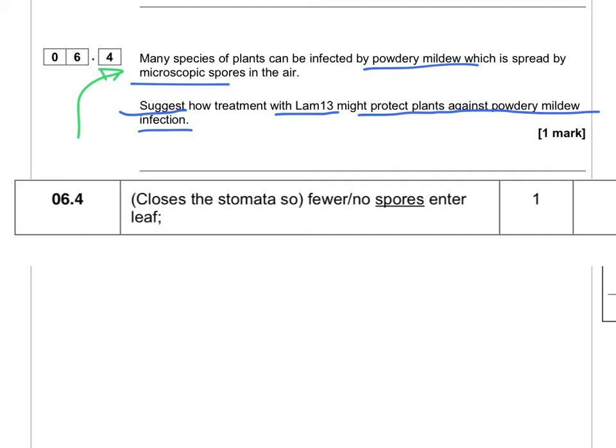Well, it's going to get in through the stomata. So, if you treat it with LAM13, looking at the graph, you'll be able to see that LAM13, the stomata close, or there's fewer stomata open, and therefore no spores can enter that leaf. Notice spores is underlined. That is for a reason, because you need to mention spores in your answer.